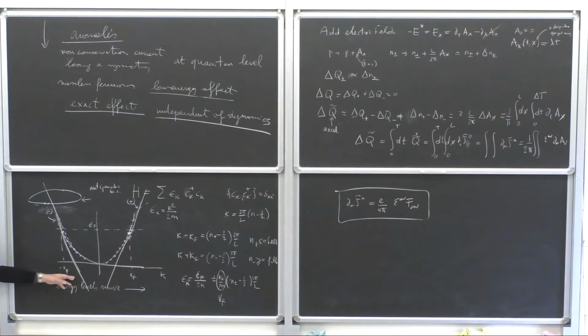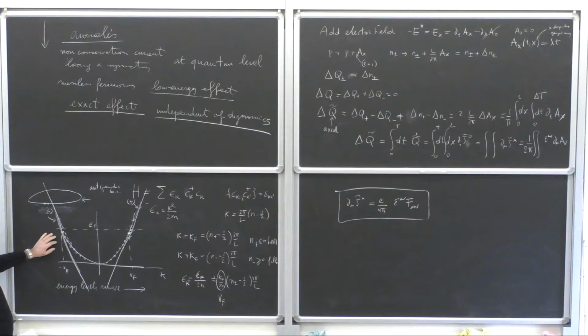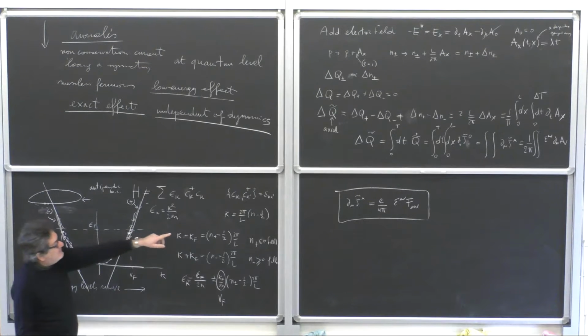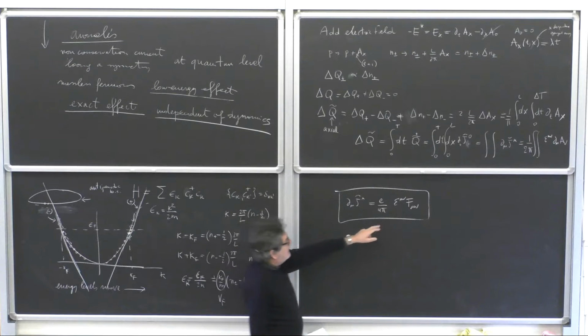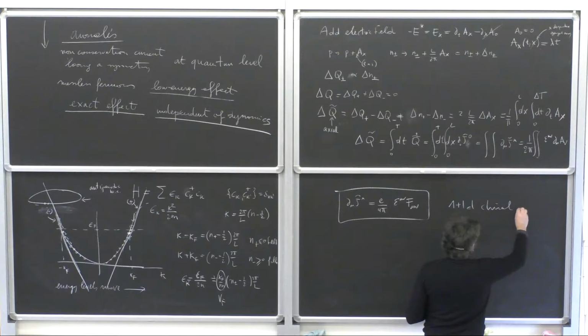In the relativistic theory, these two branches are independent, and there is a conservation associated to each of them. So the anomaly is the fact that the conservation of each branch is not respected, but there is a non-trivial dependence on the applied field. Okay, so this is the 1+1 dimensional chiral anomaly.